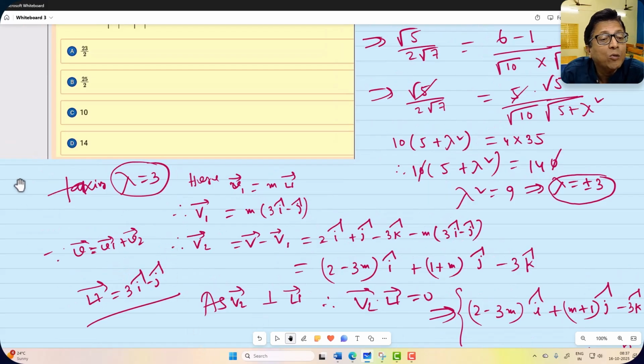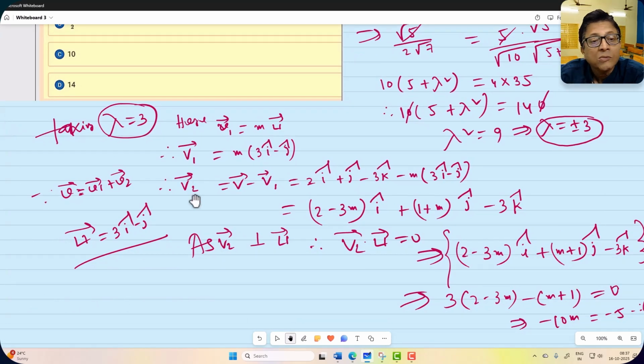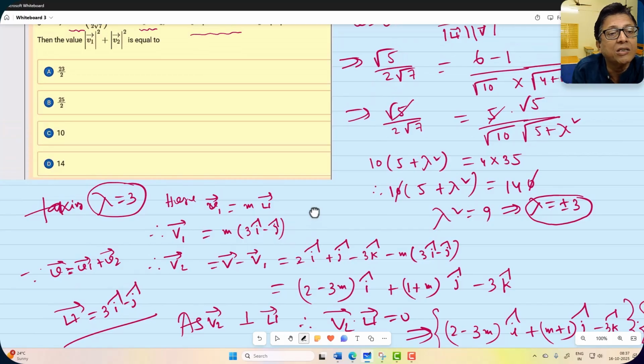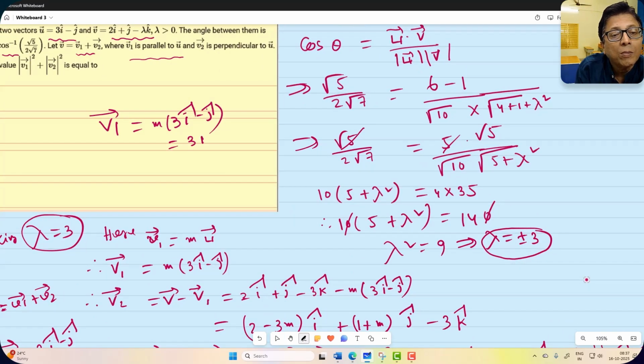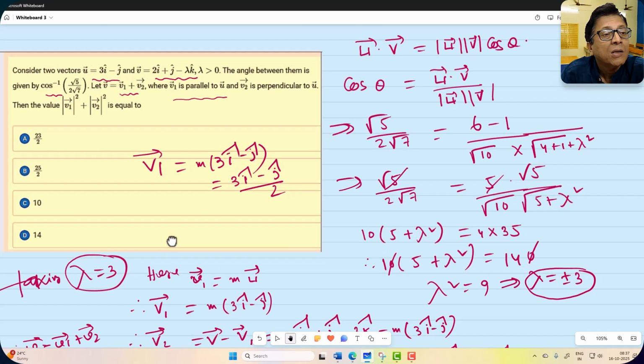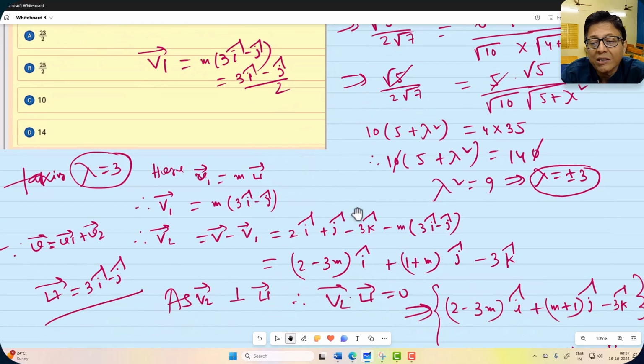And you got the value of V1 now. They have asked you to find, so V1 vector is going to be what? V1 vector in our calculation is m into 3i minus j, and m you got here, m is half. So V1 is 3i minus j by 2. Clear? Now they have asked to find mod V1 square plus mod V2 square. V2 also you got here. V2 is what?